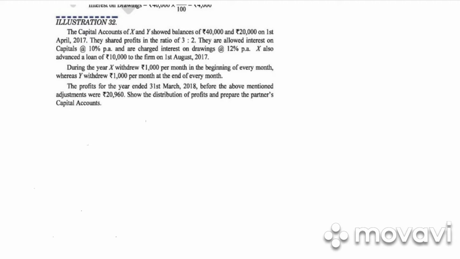X advanced a loan of 10,000 to the firm on 1st August 2017. During the year, X withdrew 1,000 per month at the beginning of every month, whereas Y withdrew 1,000 per month at the end of every month. The profit for the year before adjustments is 20,960. Show the distribution of profit.